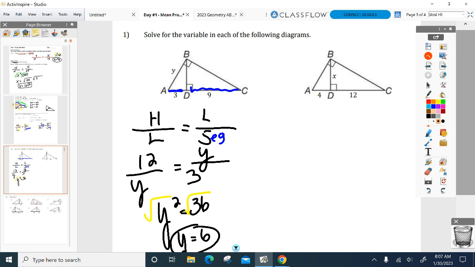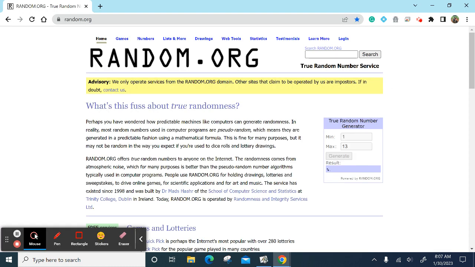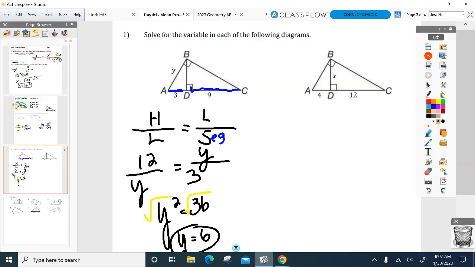Right triangle, altitude to the hypotenuse. Do I know anything about the altitude? Is the altitude labeled? As X. Yeah. So it's labeled with either a variable or a length. S for segment.